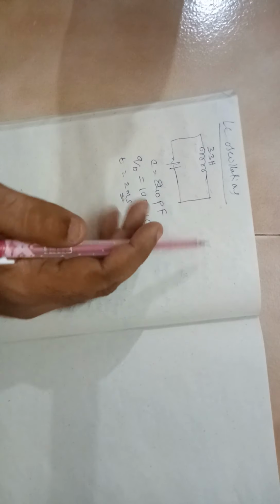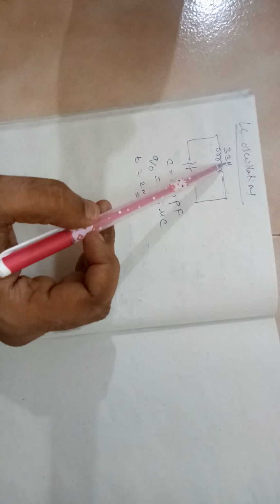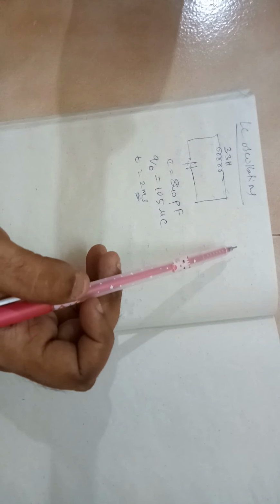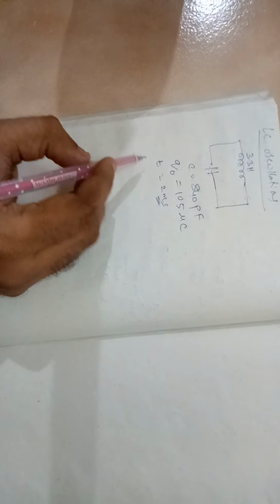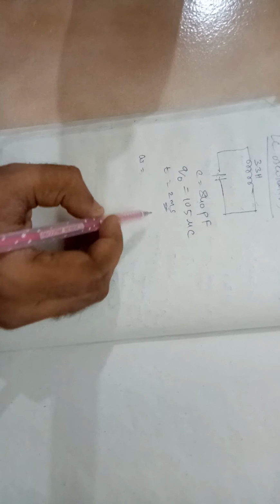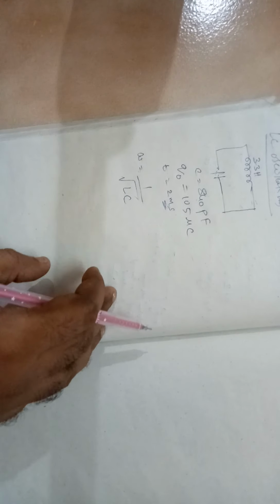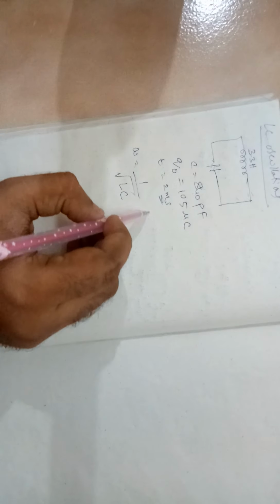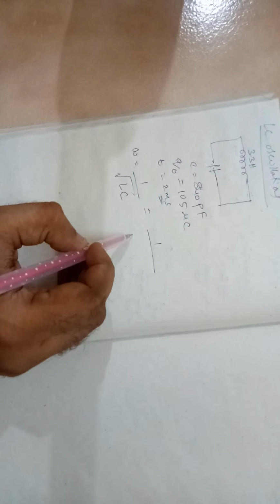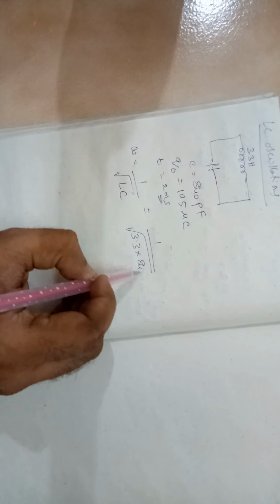Okay, so in this you have earlier seen that there is LC oscillation, right? And because of this there is an omega. We have to find it out now. Omega is equal to 1 divided by root over LC, which is nothing but 1 divided by root over 3.3 into 840.